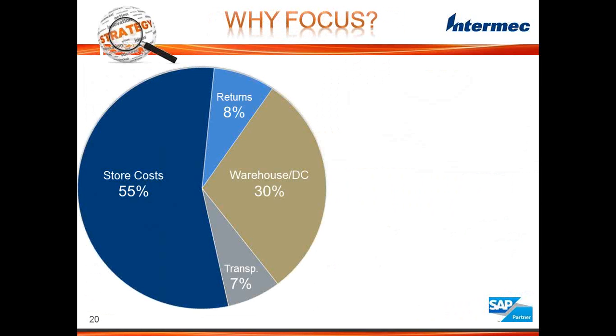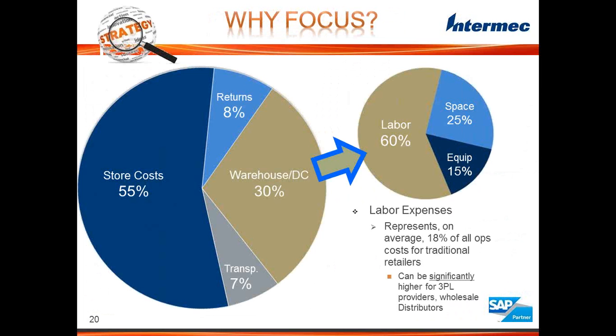So why is there such a focus, or why do we focus so much on the distribution center? If you look at this typical retail store model, 30% of all cost of a retailer are involved in the warehouse or distribution center. 60% of that cost is labor.